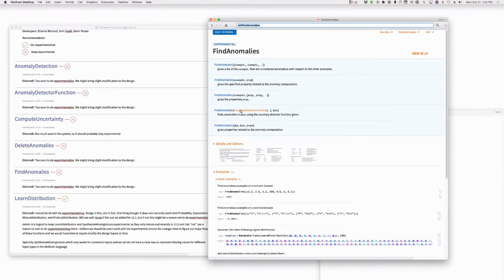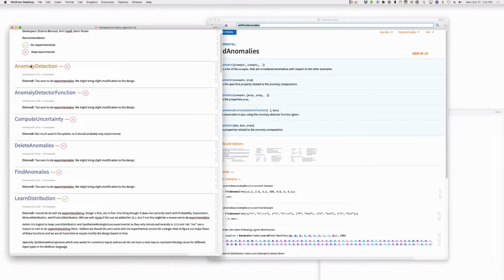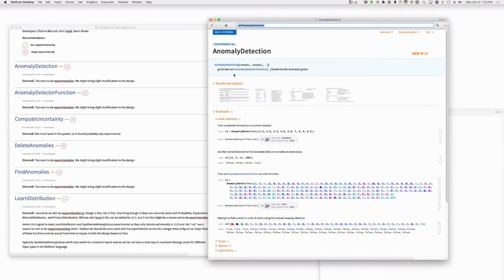Yes, we would like, for example here, to be able to put a learn distribution instead of the anomaly detector function. And same thing for detect anomalies. And in anomaly detection, you should be able to just give it a learn distribution and it would transform it into an anomaly detector function.